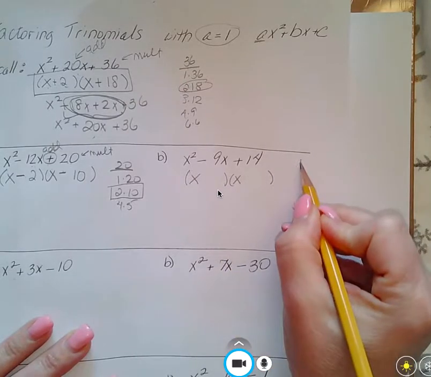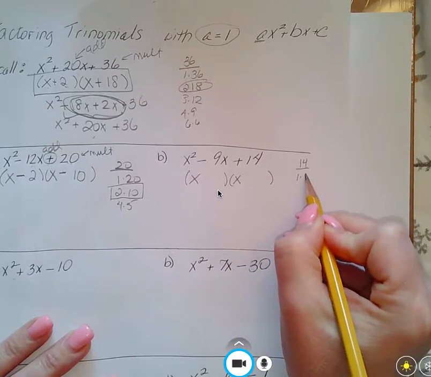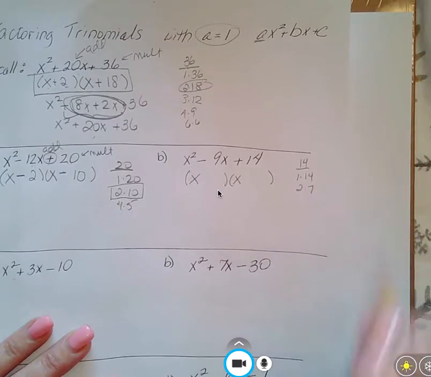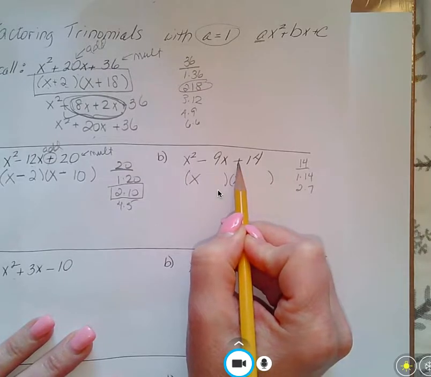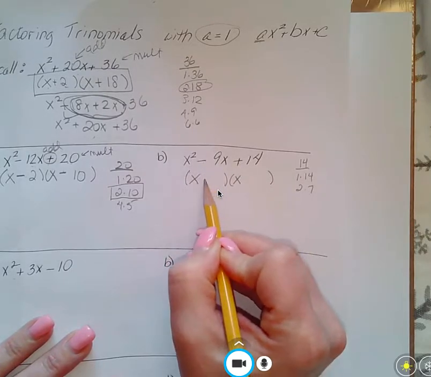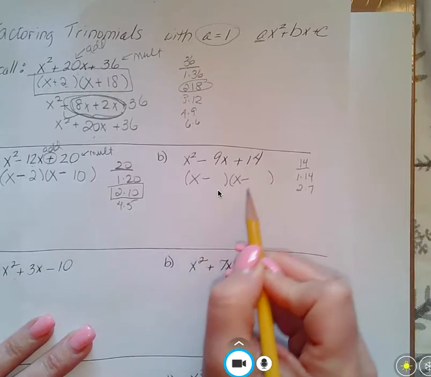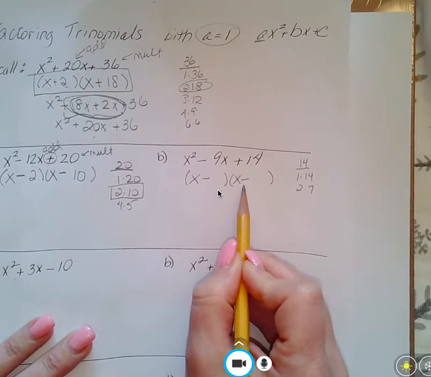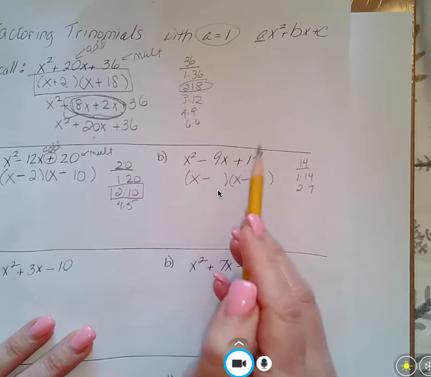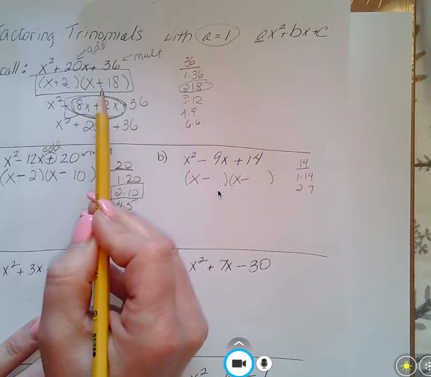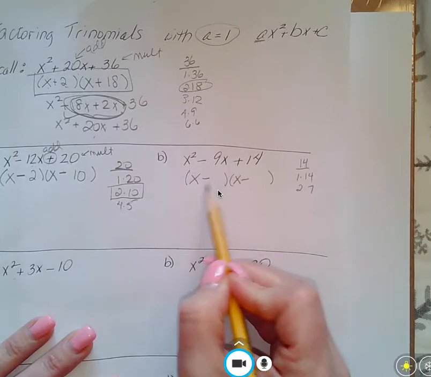Multiply to get 14. When I multiply to get 14, that's 1 and 14 and 2 and 7, and those are really my only options. I'm multiplying to get a positive number, but when I combine them, I get a negative number, and the only choice there is a negative times a negative. The only way to get a positive number is either a positive times a positive, like we saw in that first example, or a negative times a negative.